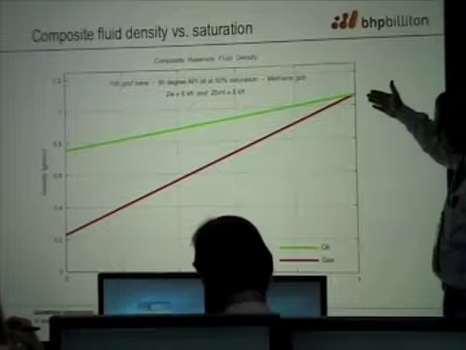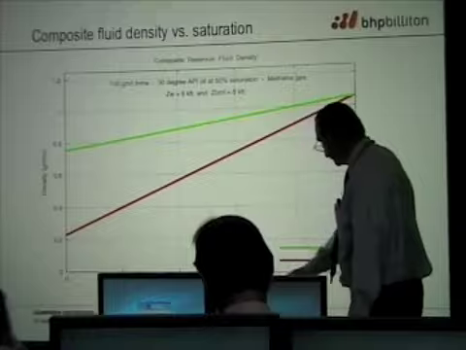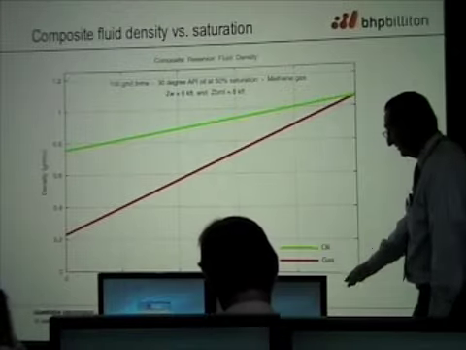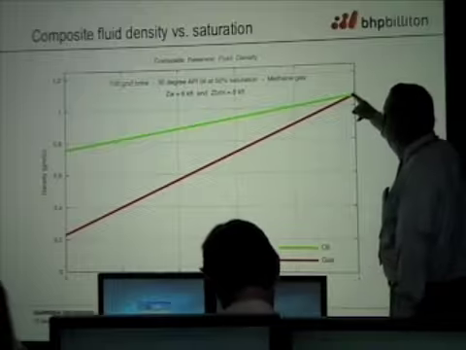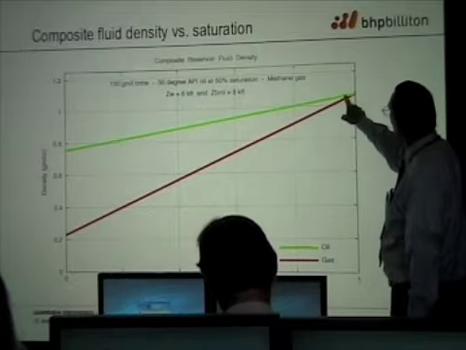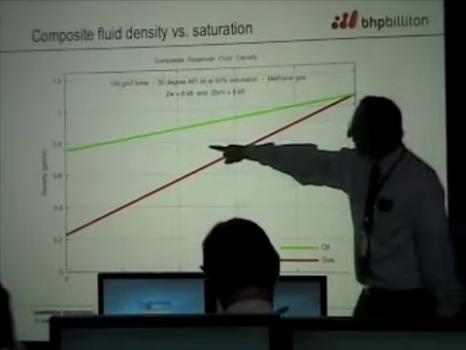So, well, that's pretty easy. The density is linear, right? So what we're plotting here is as a function of the concentration, water concentration in this case. Over here I've got water, so it doesn't make any difference whether I've got gas or oil, because it's all water over here. And over there I've got pure oil.